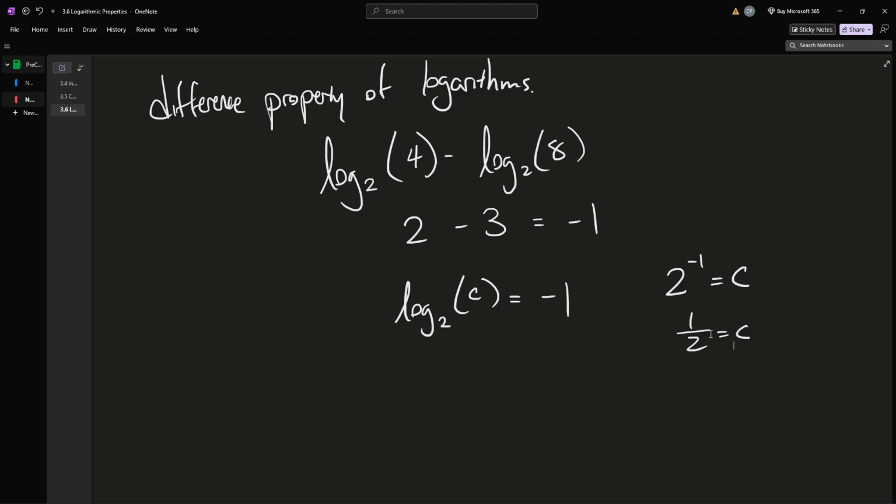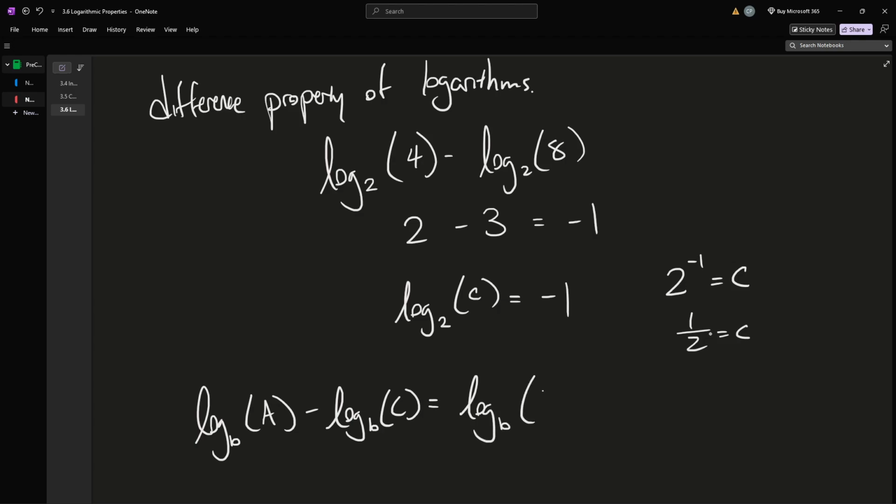If the first one before, if sum is multiplication, then this one, by the comparison between addition, subtraction, multiplication, division, we said this one is division. So our property is, once again, same base: log base b of a minus log base b of c equals log base b of a over c. 4 divided by 8 simplifies to 1/2.